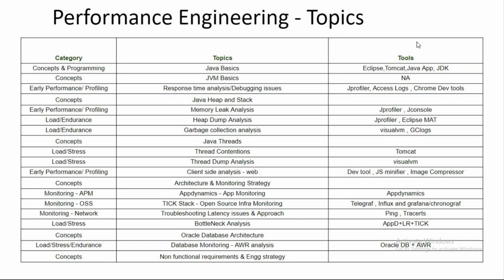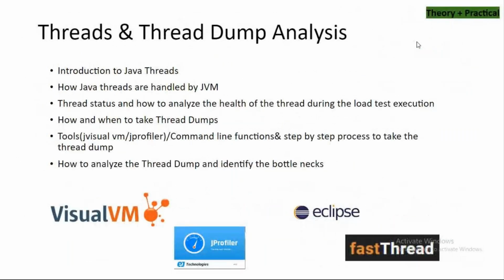So from a thread perspective, again, we will learn what is a Java thread and how we configure the Java threads, what can go wrong when the thread count is low or when the thread count is high, what are the thread contentions, what are the issues that we will face during load testing from a thread perspective, and then when to take a thread dump, what to take, how to take a thread dump.